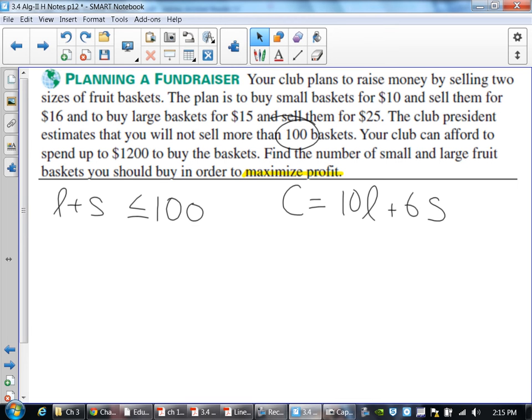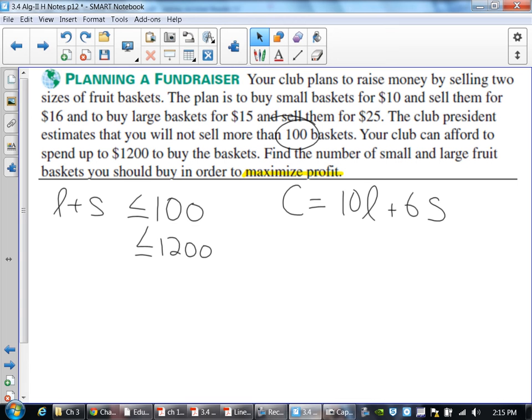So we're not going to sell more than 100. What's the other one that's in there? $1,200. So I have up to and including 1,200 bucks to spend, which means I have another inequality with the less than or equal to, up to and including $1,200 to spend.